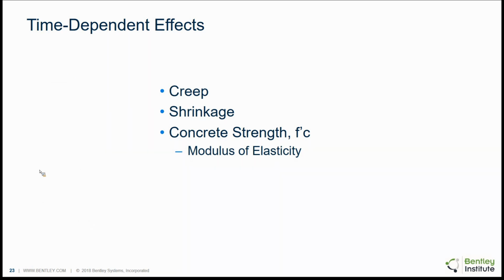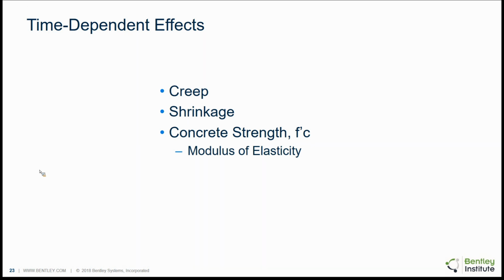So creep is a slow change in the length of the column or the beam. It's a slow change in the cross-section over time. The concrete isn't truly this rigid material that we think it is. I mean, it is, but it exhibits this creep that can occur over time, where the column shortens, the cross-sectional area flattens out.